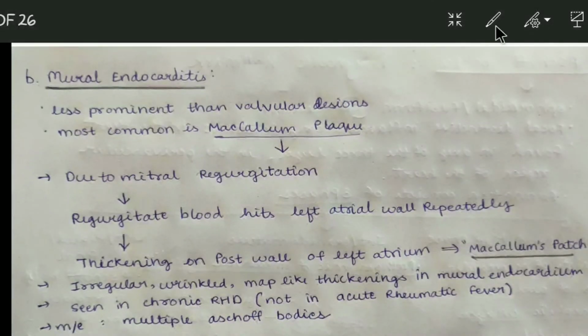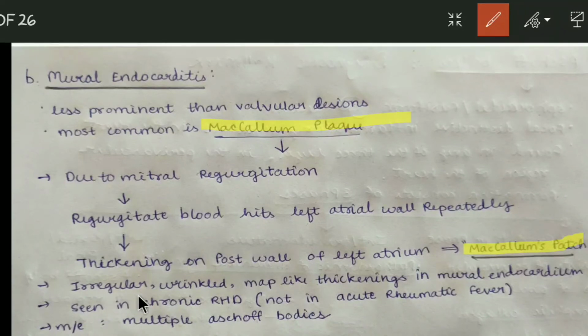B. Mural endocarditis. Less prominent than the valvular lesions, the most common is the MacCallum plaque. This is also important. Due to mitral regurgitation, the regurgitated blood hits the left atrial wall repeatedly and thus causes thickening on the posterior wall of the left atrium, called the MacCallum patch.